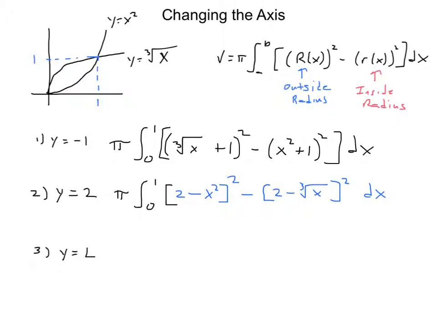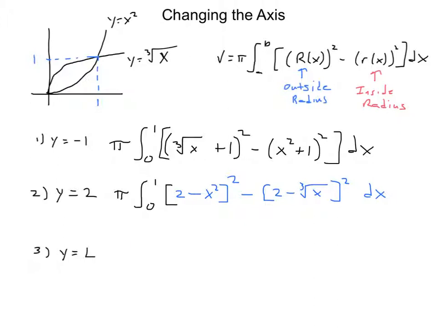So when I take it around y equals L, really what's going to happen in general, because now I can't say where L is on this graph, I'm just going to use the R of x, one function for my outside, one for my inside. So we'll have f of x is the outside, g of x is inside.